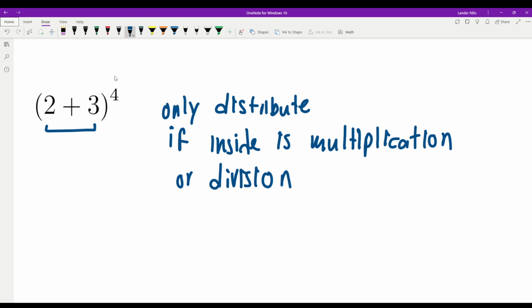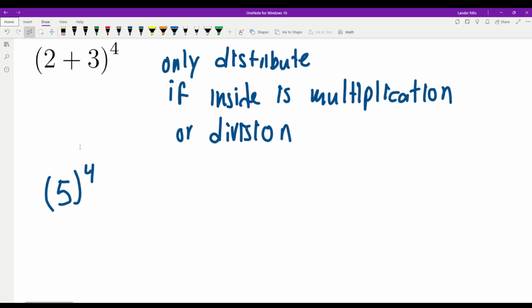So we cannot distribute. In this case, it's easy. 2 times 2 plus 3, that's 5. 5 to the power 4 is just 625.